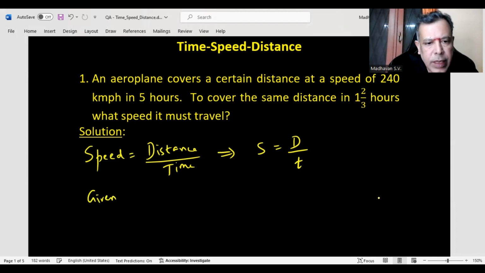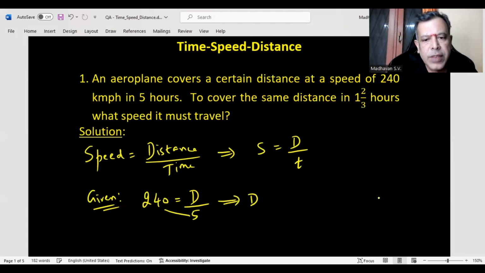So let us say given 240 is equal to distance we don't know, but time is known to be 5. So that means our distance will be 240 multiplied by 5. That will work out to 1200 kilometer.